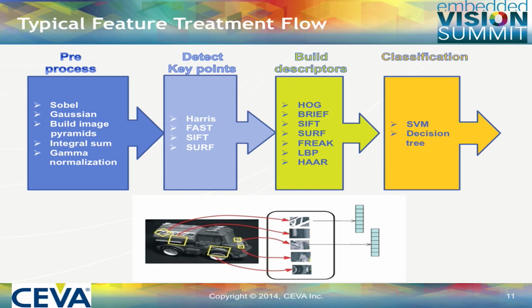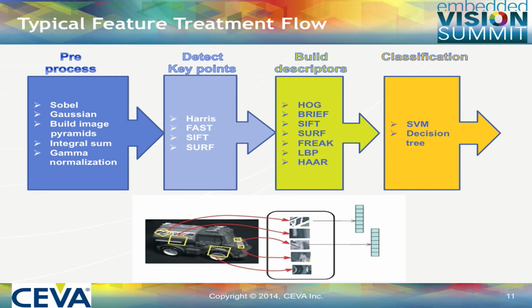Typical feature flow. Before we dive into several features, I divided the process into 4 stages. First, we might have to do some pre-processing to the whole image, and these are filters that are done very well on a DSP and on hardware.